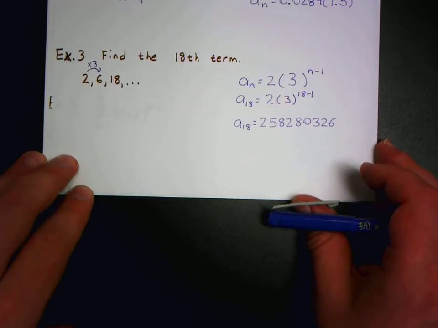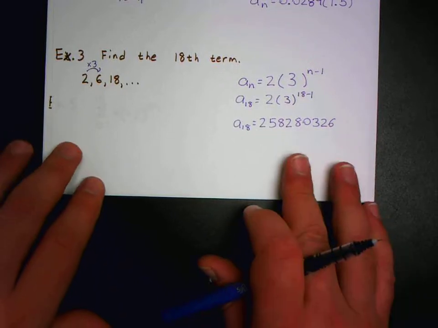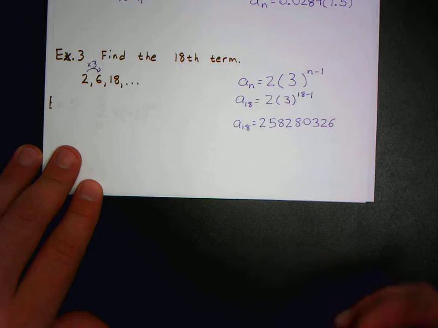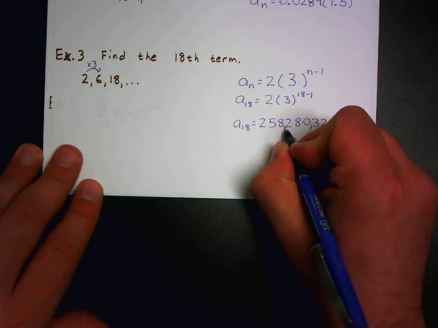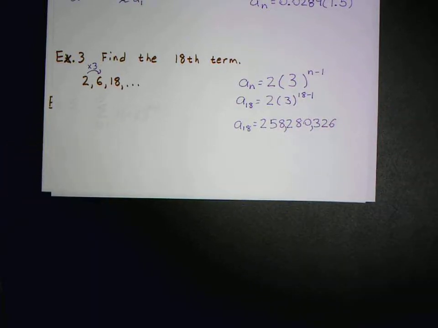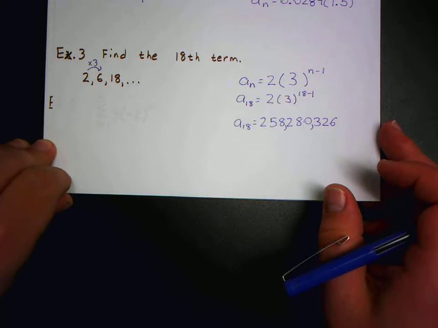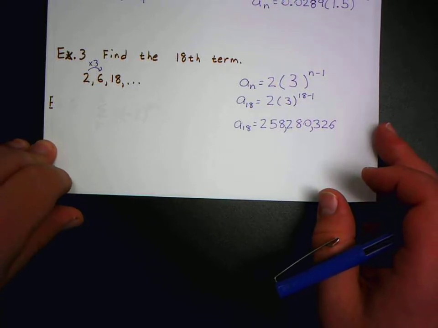Does that help? Is that a really big number? Yeah, that's a really big number. If I put the commas in there, 258,280,326. And that's by just starting at 2 and multiplying by 3 18 times.